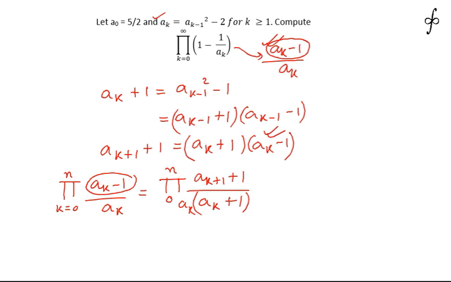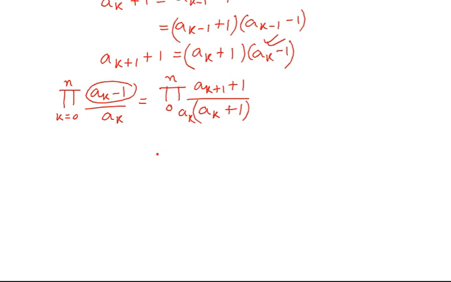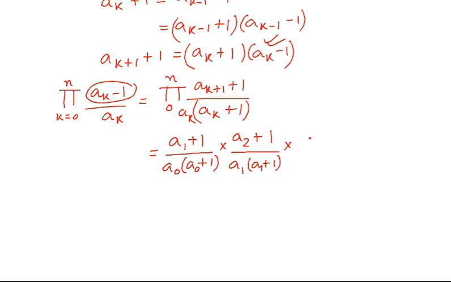Now here we are getting a continuous product, and that is forming a telescopic product, because on putting k equal to 0, we are getting a_1 divided by (a_0 plus 1) into a_0, into, putting k equal to 1, we'll be getting a_2 divided by (a_1 plus 1) into a_1, and then putting k equal to 2, we'll be getting a_3 divided by (a_2 plus 1) into a_2.